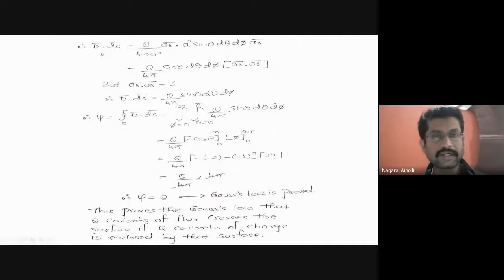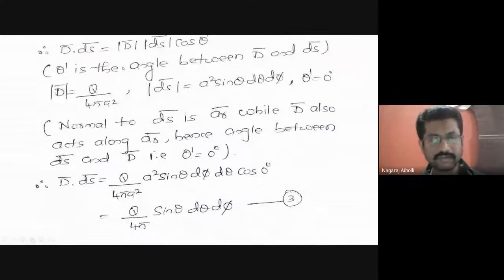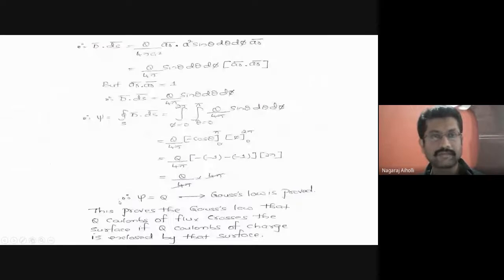Therefore, D bar dot ds bar, if I write it in vector form now. Previously, I just wrote the magnitude of D bar and ds bar. Now I am using the vectors D bar and ds bar.